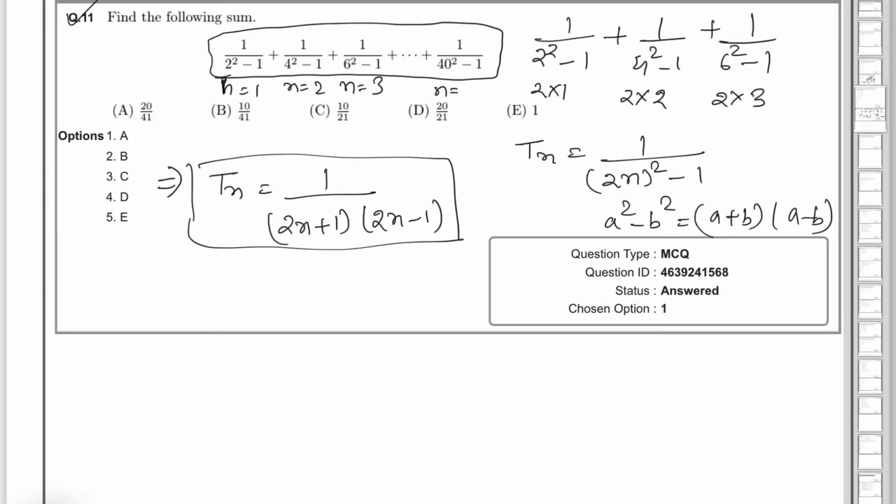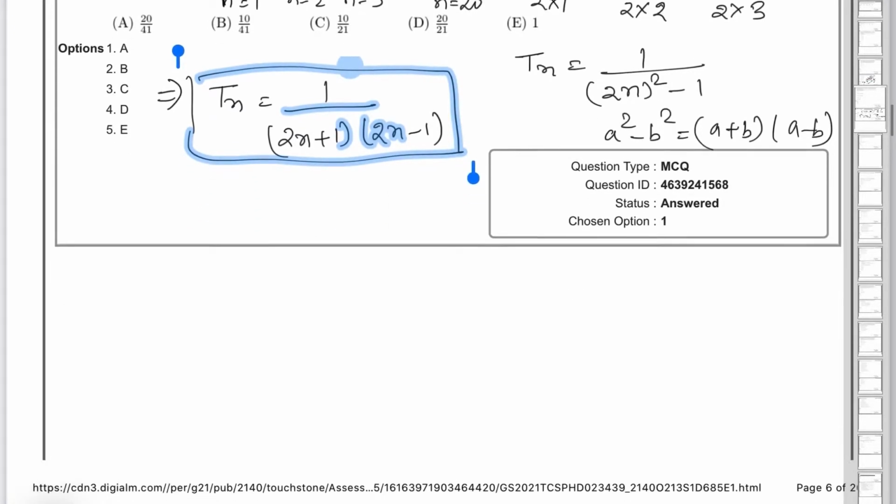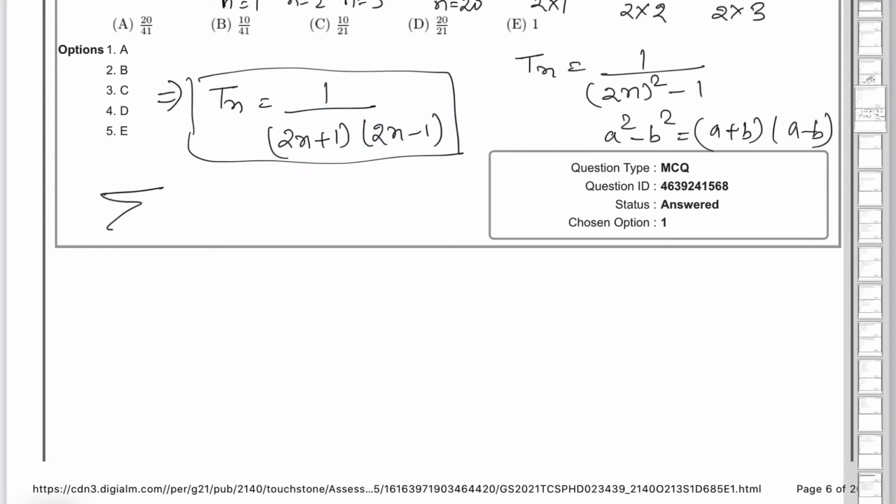So here n's value must be 20, because 20 into 2 square minus 1, the last term can be written like that. So this whole sum can be written as the sum for n equals 1 to 20, and the general term is 1 upon (2n plus 1) into (2n minus 1).